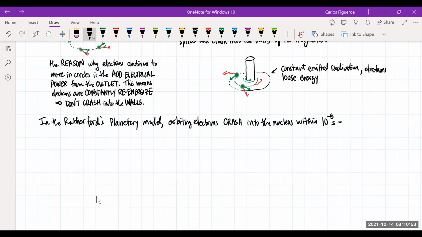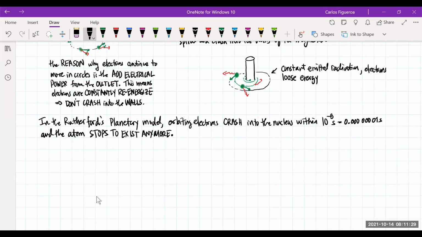So in other words, in 0.00000001 second. So orbiting electrons crash into the nucleus within 10 to the negative 8 seconds, and the atom ceases to exist anymore. There is no more atom.